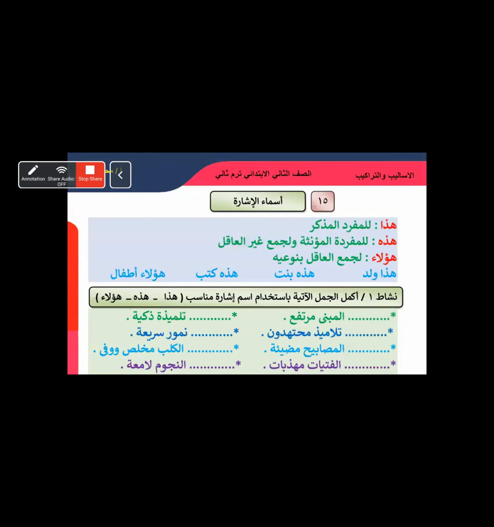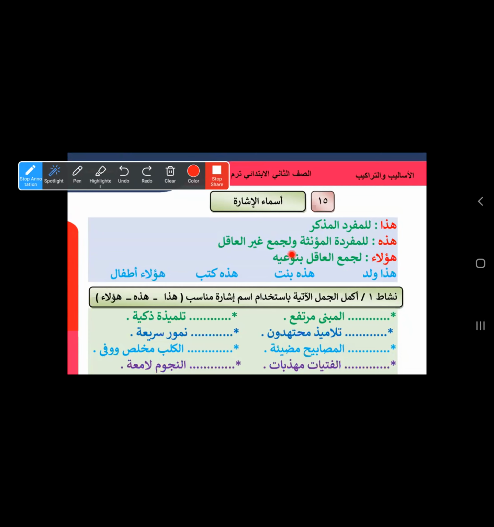Now you have some more exercises. Before taking you to the exercise, they have given you a preview. هذا للمفرد المذكر, singular masculine. هذه للمفردة المؤنثة, for singular feminine.